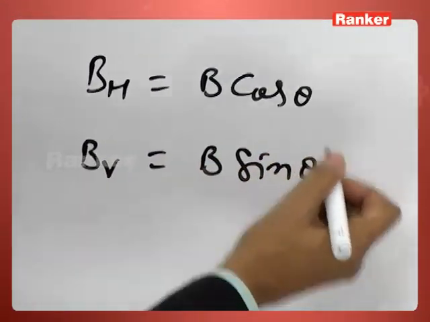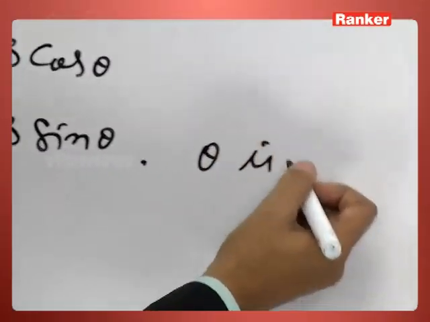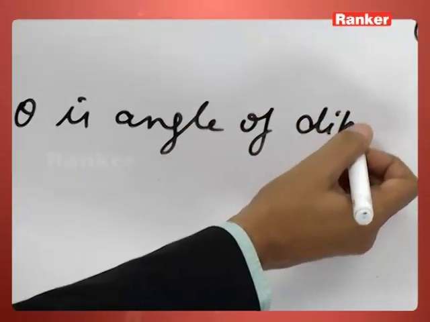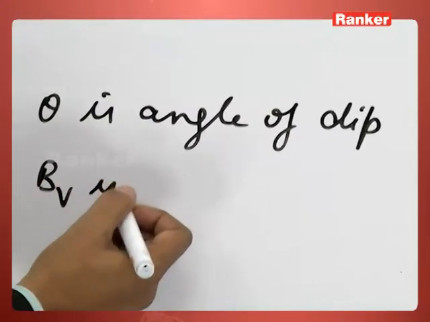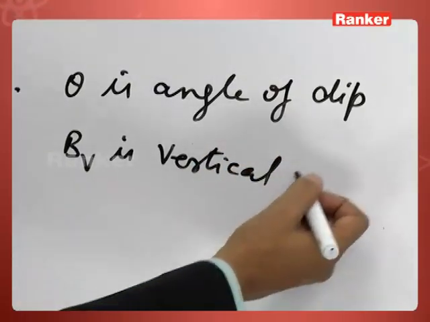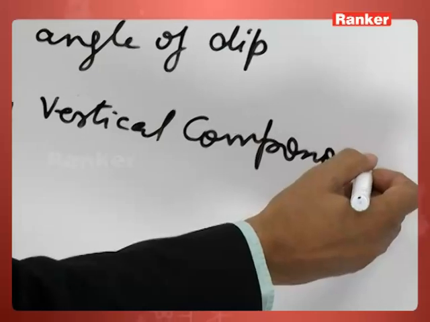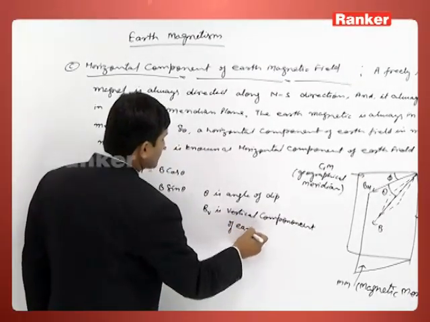This can be said as B sin theta, where theta is the angle of dip, and BV is the vertical component of Earth's field.